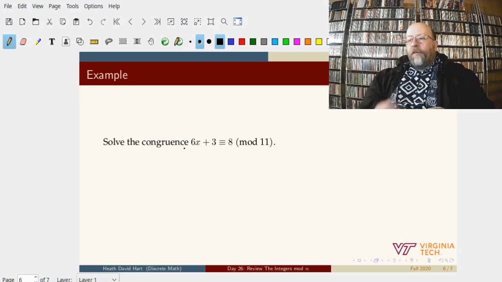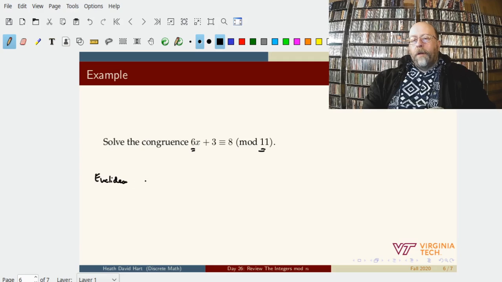The first thing we're going to do is take this 6 and this 11 and perform the Euclidean algorithm on 6 and 11. I'll divide 6 into 11, and that goes 1 time with 5 left over.